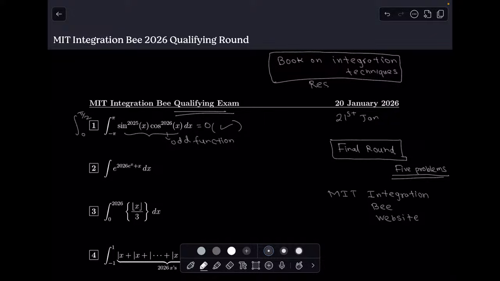You can actually use that book, or you can just do a lot of integrals. Let's say I made integrals of previous integration bees. I have a playlist for previous integration bees and things like that. So if you just do those problems, I think you will have the idea. Is the first one 0? It's an odd function over here, and because it's an odd function and a symmetric domain, that's just 0. You don't really need to do anything. But if it was 0 to pi over 2, definitely I would use the beta function.